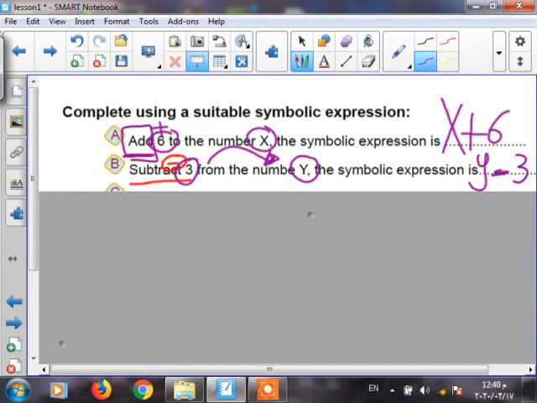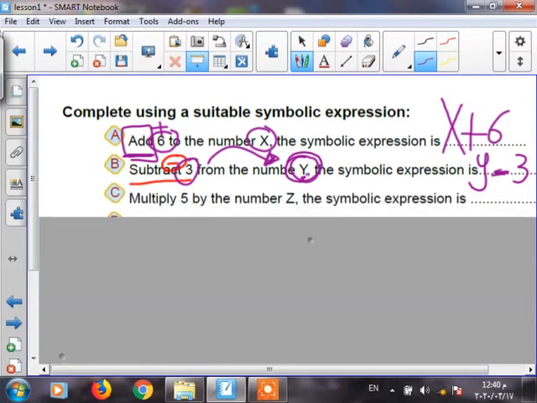What is the meaning of subtract from? When you see subtract from, take the number after from. In the first place we put the number after from. We take y first and subtract the next number from it.